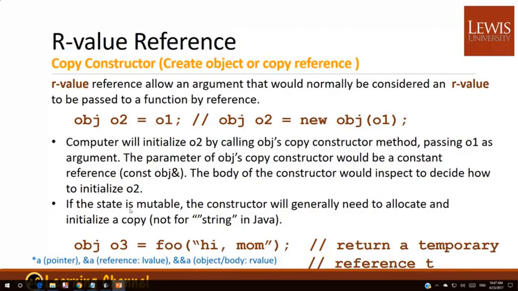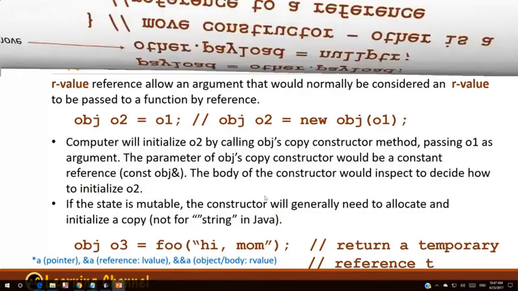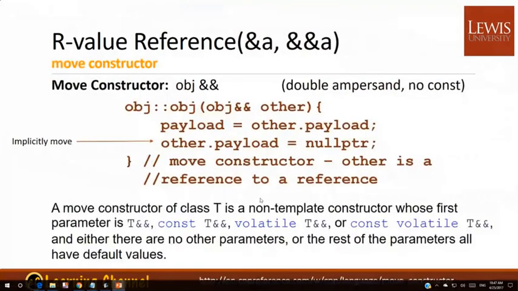If the state is mutable, the constructor will generally need to allocate and initialize a copy. This is not for string in Java. So basically right here, we create a new object and return the temporary reference T to this O3. That's a right value reference.